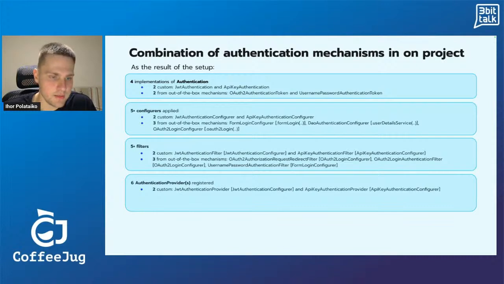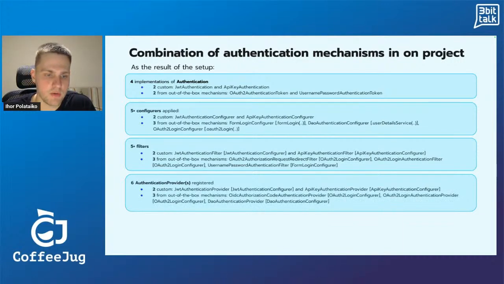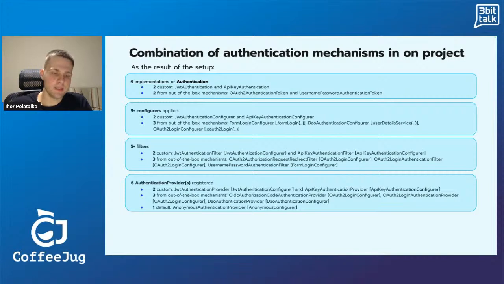And 6 authentication providers are registered. So two are custom: JWT authentication provider and API key authentication provider, and 3 of them are registered by the configurers of the out-of-the-box mechanisms. And there is also one more, which is dedicated for authenticating anonymous requests when the anonymous authentication is present.